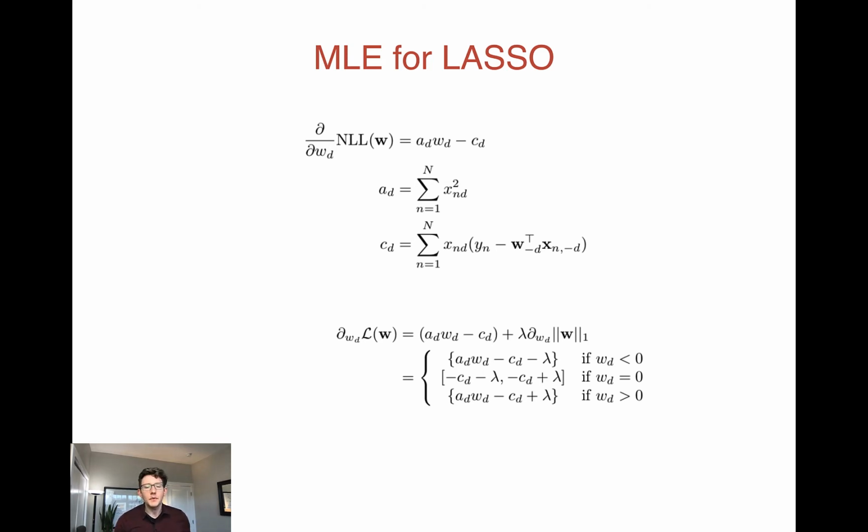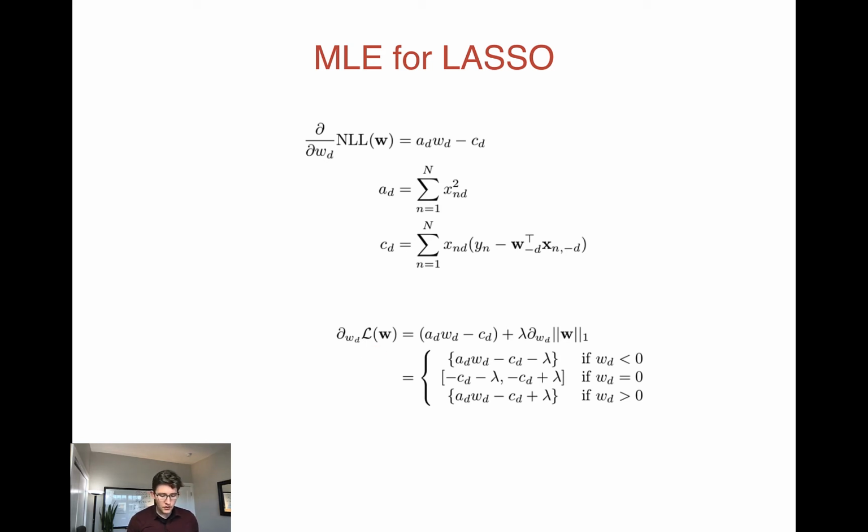Okay, so that was the case where we were looking at just normal linear regression. So now let's see what happens when we add in this Laplace prior, L1 regularization. Here again, I'm not going to derive this, but it's not hard to do. We have the partial derivative with respect to WD of now our objective, including that prior.